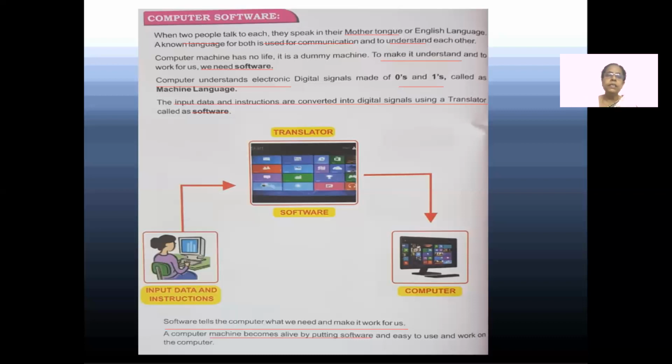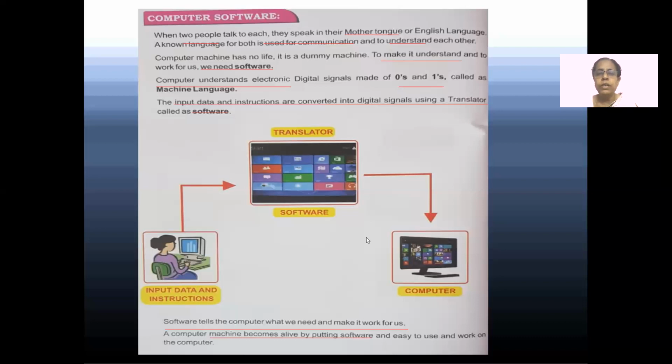You can see the picture here. She is typing something, inputting some data and giving instructions to the computer. The software translates whatever is fed into machine language, and then when it is converted, it comes back in the language that you can understand. So software tells the computer what we need and what it should work on.